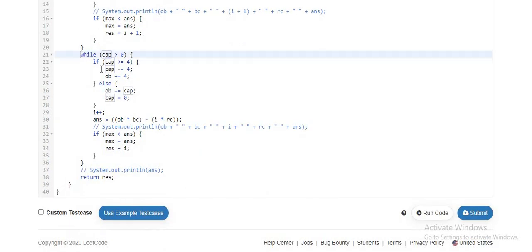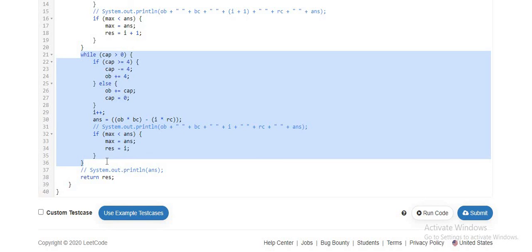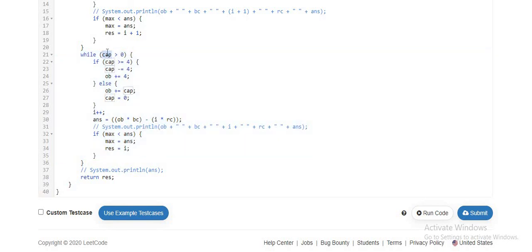So again I will loop through this while loop until the capacity becomes 0. I will perform the same operations. If the capacity is greater than or equal to 4, I will reduce the capacity by 4, and I increment the onboarded capacity by 4. If it is not the case, if it is lesser than 4, I will just set the capacity value, because there will be no more people to onboard, and the onboard capacity will be increased by the capacity value.